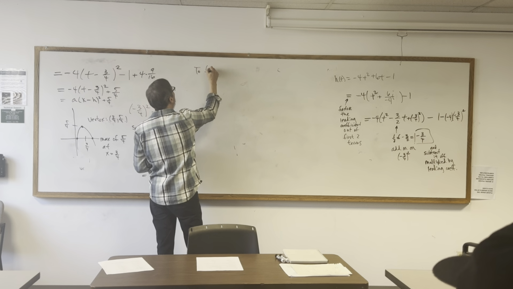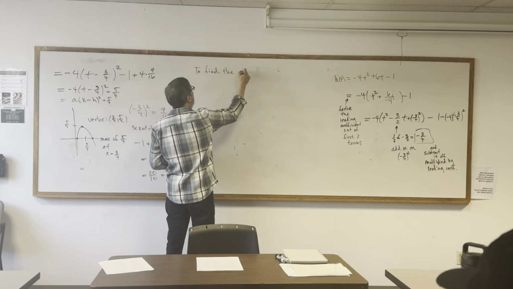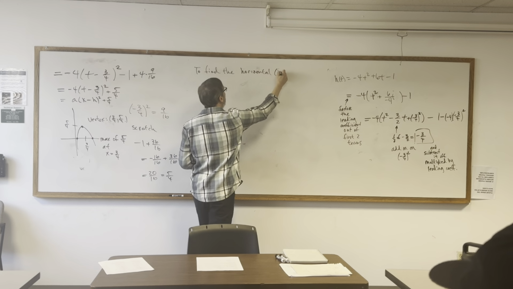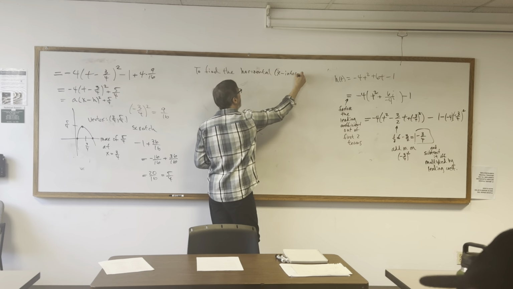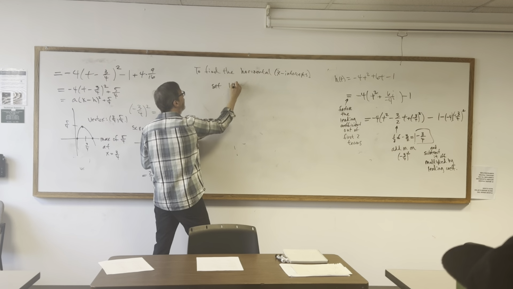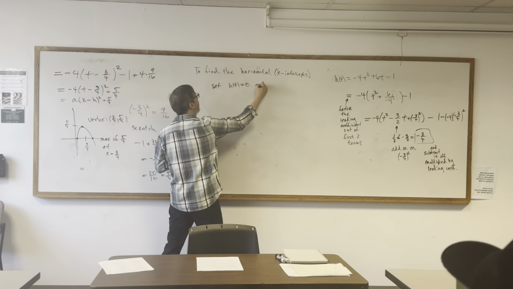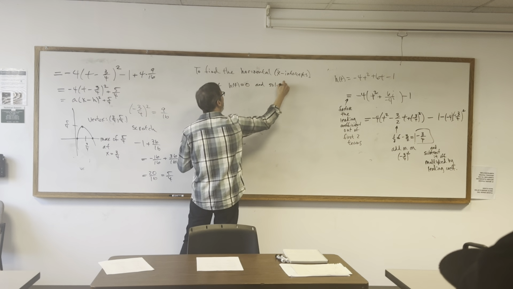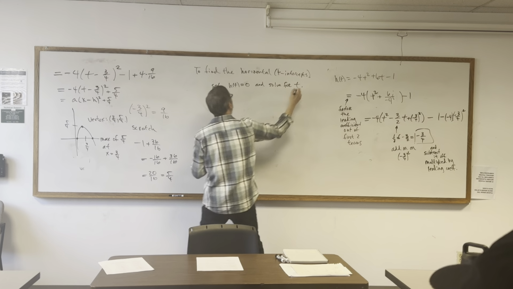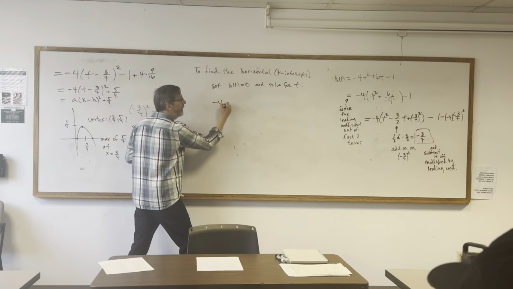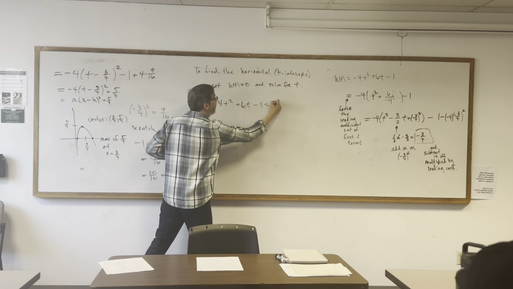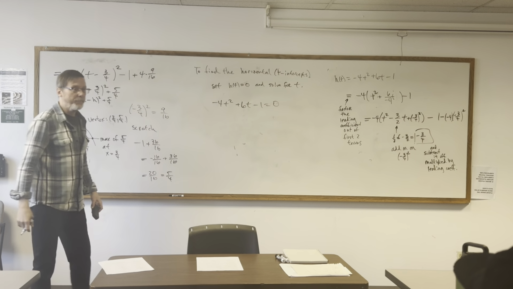So to find the horizontal or x-intercepts, set the equation equal to 0 and solve for t. So I guess they're t-intercepts here. So I'm going to take this and solve for t.